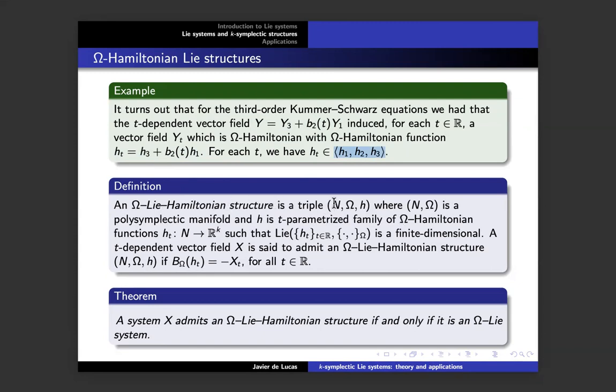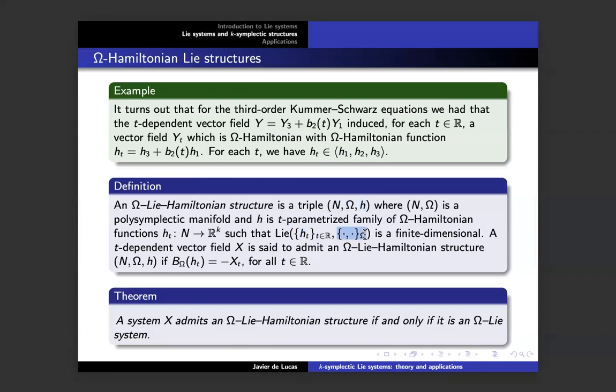So if you have a manifold, a polysymplectic structure, and a certain time-dependent omega Hamiltonian function, you say that this is a Lie Hamiltonian structure if for each t these elements, with respect to this bracket, are contained in a finite-dimensional Lie algebra.